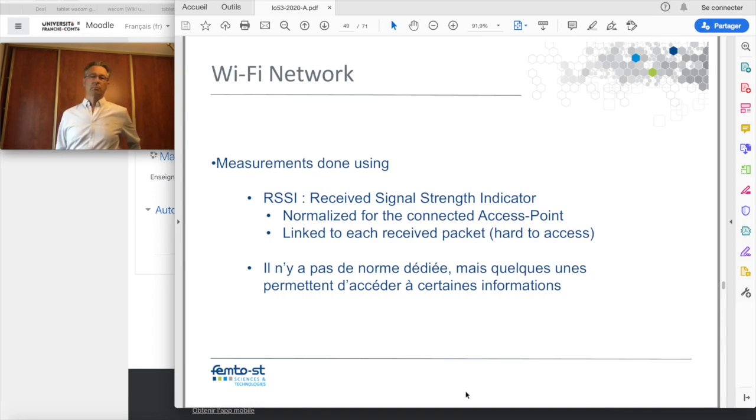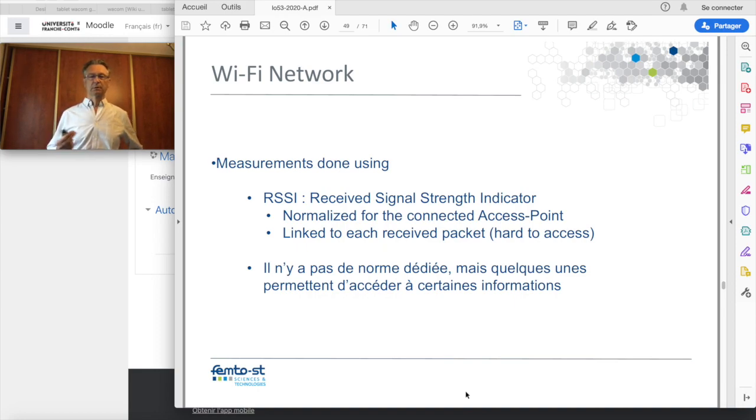So about the Wi-Fi network, you can have some information which is called RSSI, Received Signal Strength Indicator. It is normalized for the connected access point, but not for the other access points in the area. So we need to link this information to a packet which has been received, and it is quite hard to do that, because it's not easy directly.